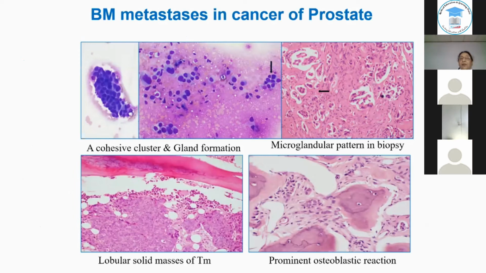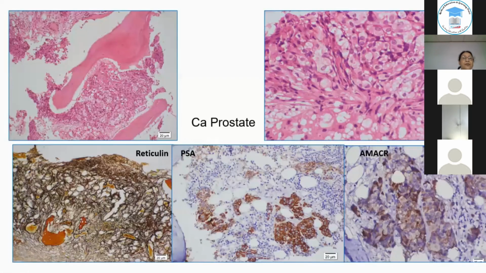While in the biopsy, the pattern may be microglandular as seen here, or there may be lobular solid masses of the tumor, and in this there may be prominent osteoblastic reaction. This picture is from another case. Here you can see these tumor cells are very different in color.